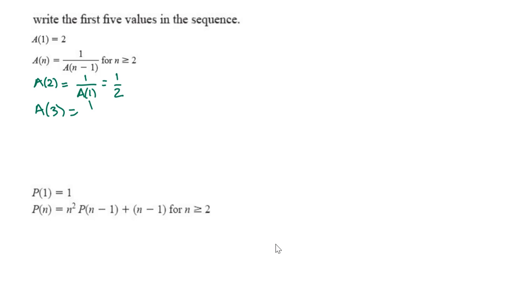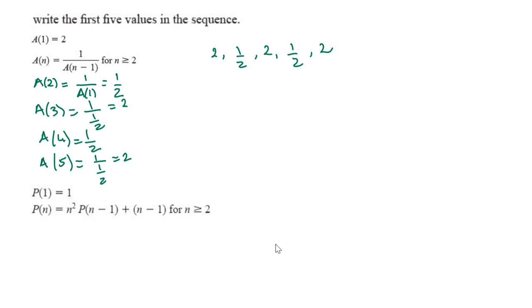A3 is 1 over 1/2, which is 2. A4 is 1 over 2. A5 is 1 over 1/2, which is 2. So basically the sequence is 2, 1/2, 2, 1/2, and 2. These are the first 5 values of this sequence.